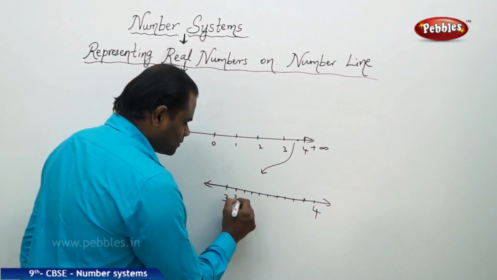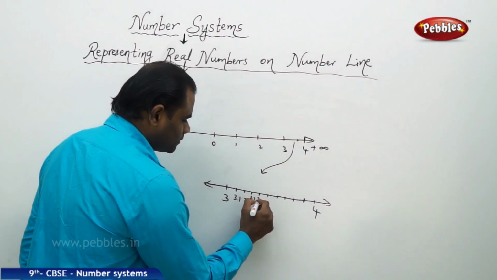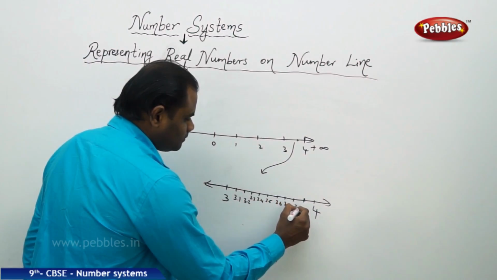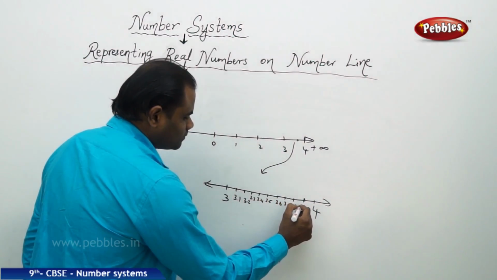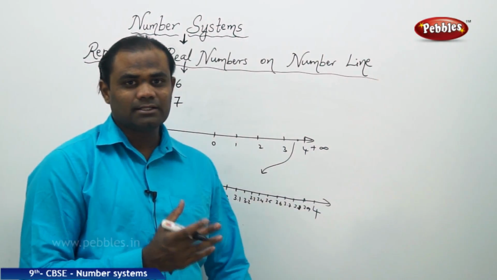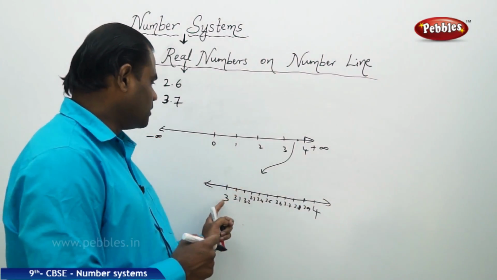So I get this to be 3.1, 3.2, 3.3, 3.4, 3.5, 3.6, 3.9. So between 3 and 4, I again subdivide the scale into 10 units.